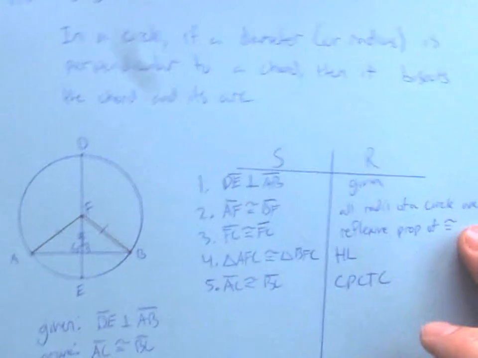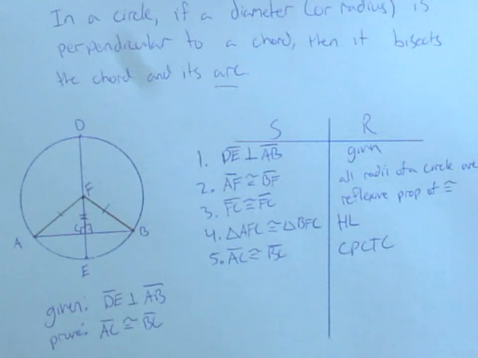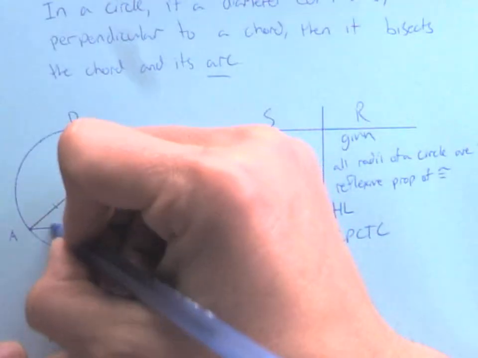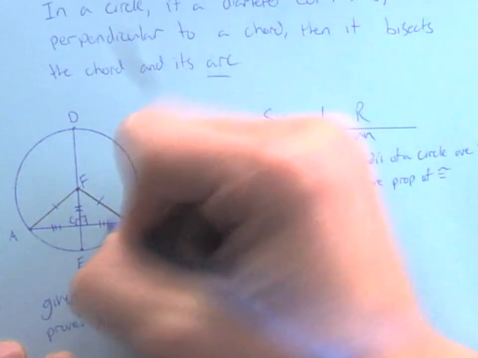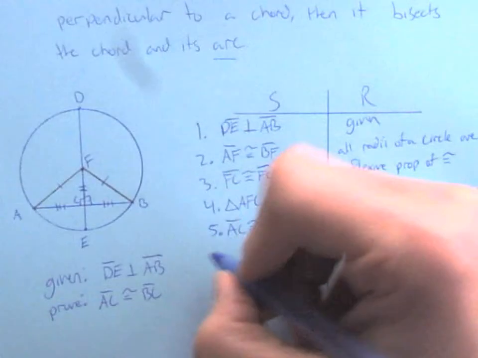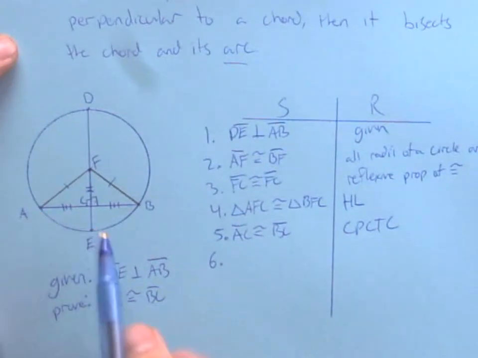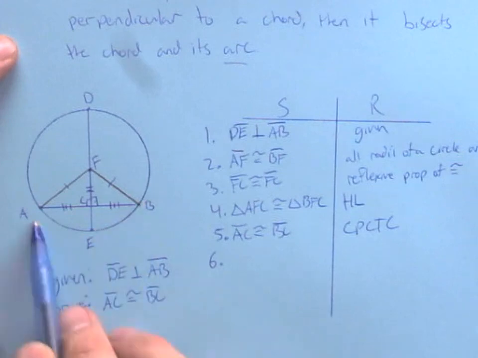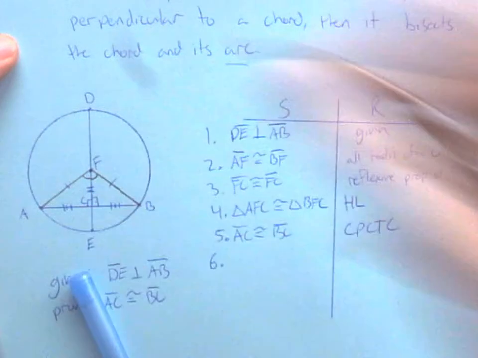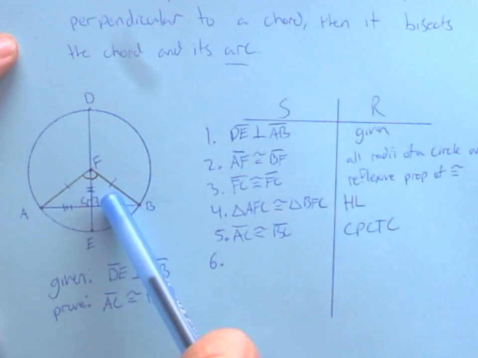Okay, so we're pretty much there. Now there's an extra piece to it, because we haven't shown the arcs are congruent yet. Let's add a few more steps here. We already showed that AC is congruent to BC. That's part of it. Now let's talk about these arcs. We want to show that this arc is congruent to this arc. We can do that if we know their central angles are congruent, which we do, because these are congruent triangles.